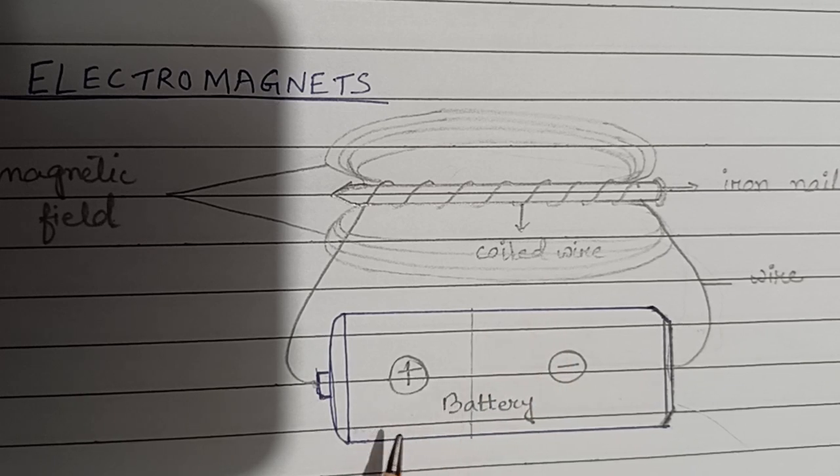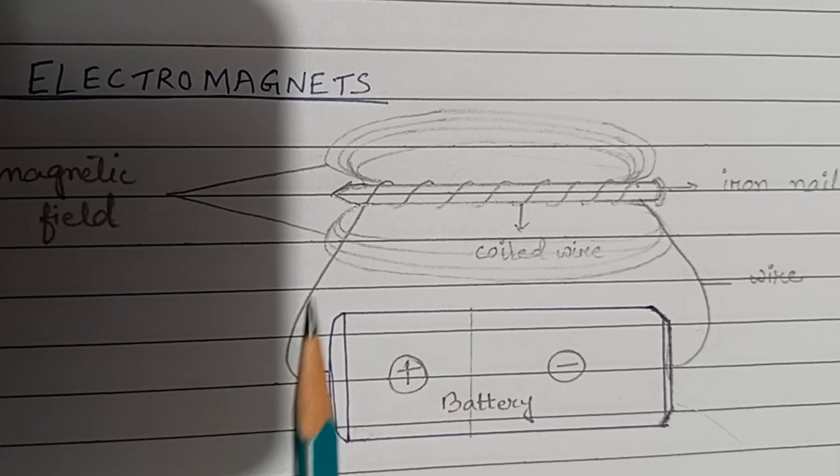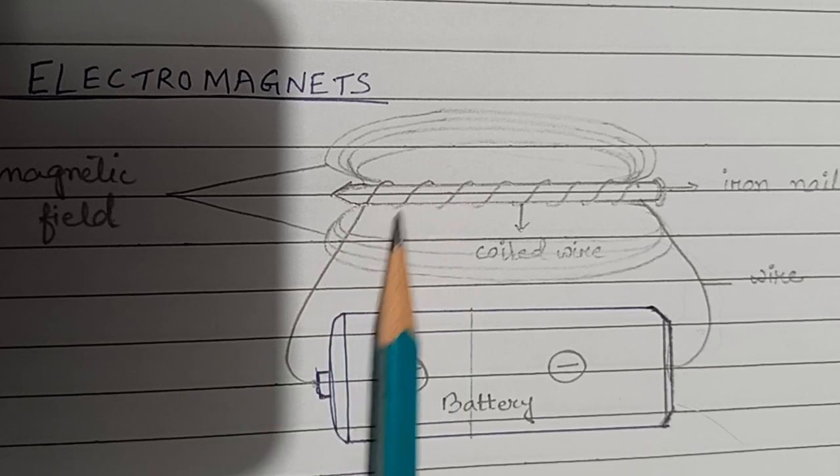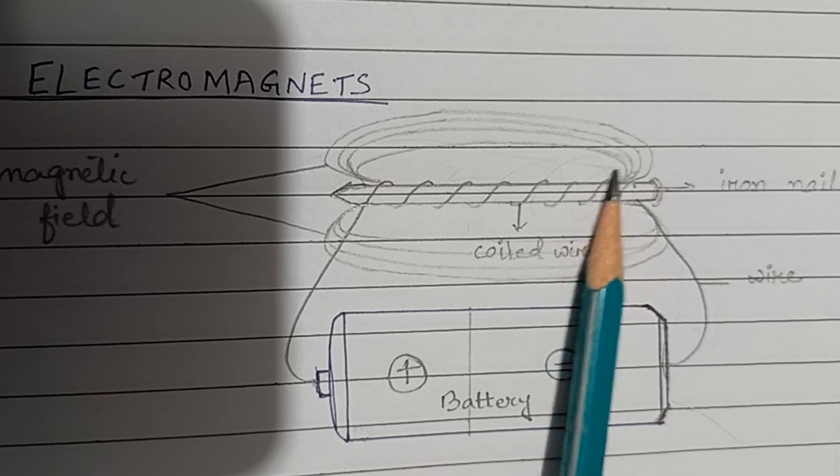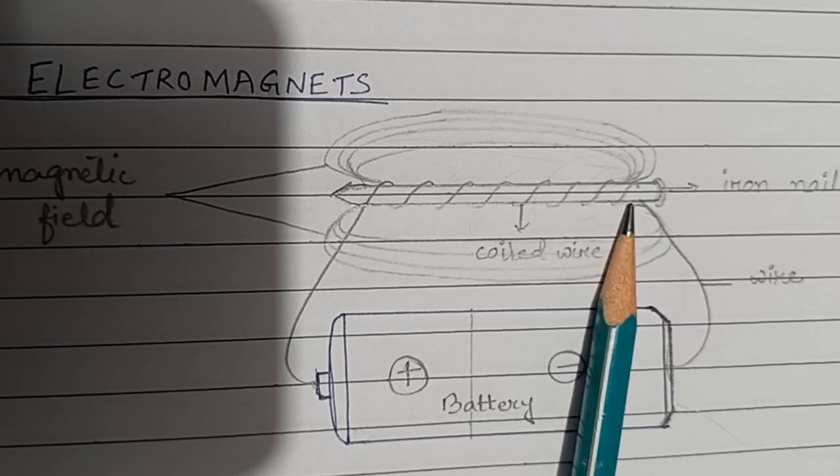So you connect these conducting wires to the positive and negative side like this. You take a battery, you connect it, and you wound this wire around an iron nail.